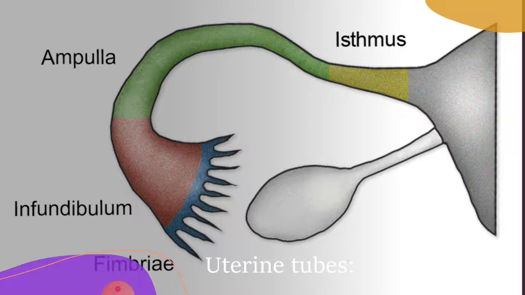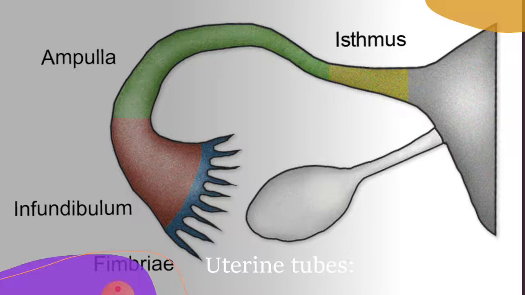There will be the peg cells, non-ciliated secretory cells. You don't have to remember this, just remember the epithelium, that is the ciliated columnar epithelium, and the function of the inner mucosa is to move the ovum towards the uterus and to supply it with the nutrients.